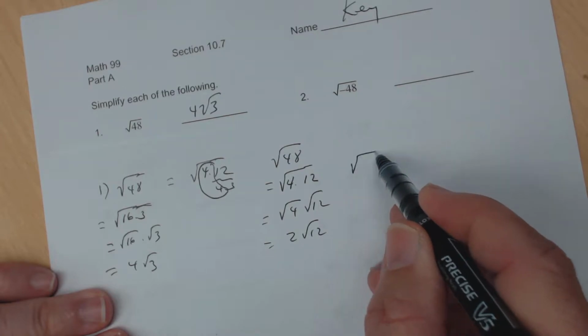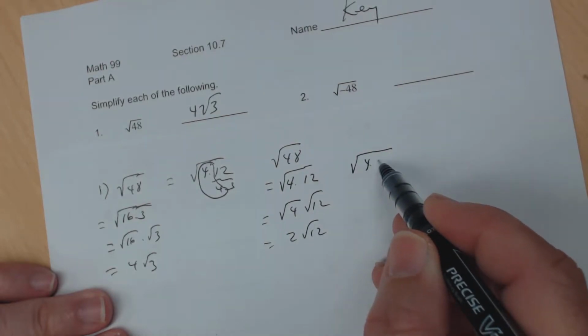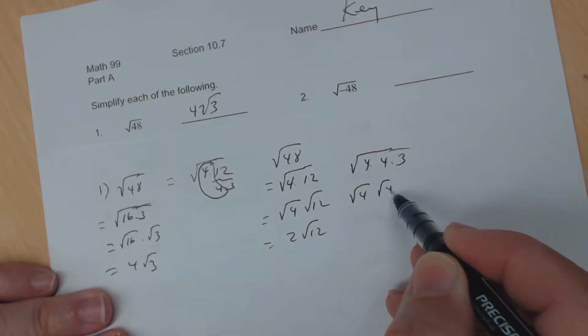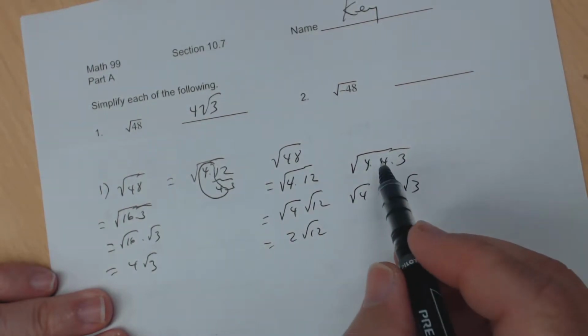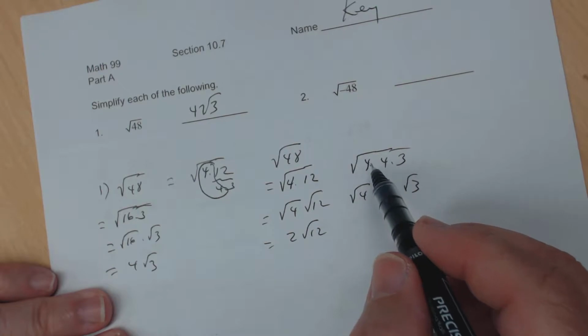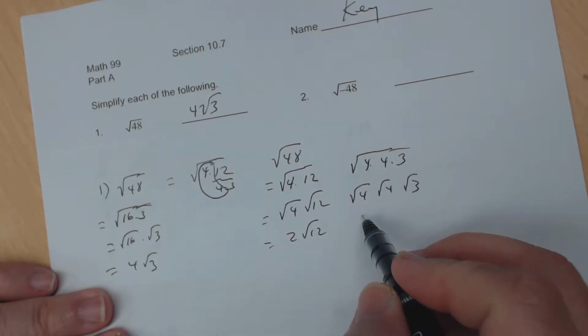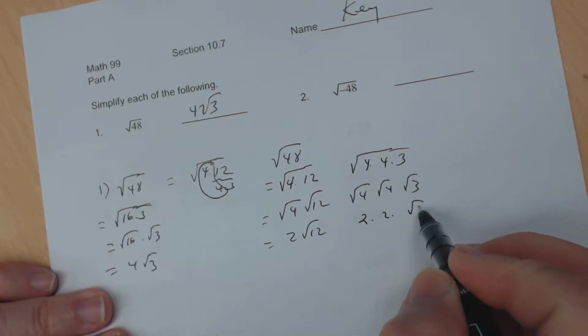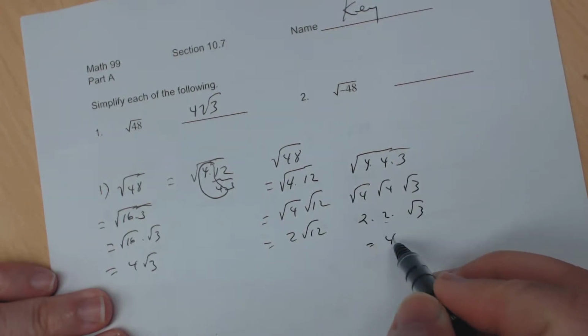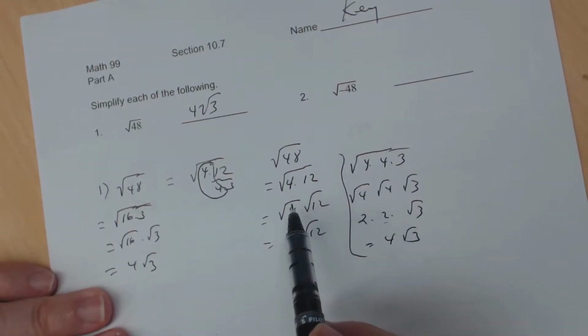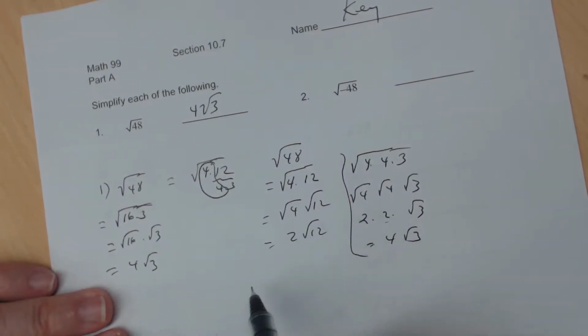In other words, you could have said the square root of 4 times, and the 12 is 4 times 3, and then said square root of 4, square root of 4, square root of 3, because the square root of a product is the product of those individual square roots. And so you get 2 times 2 times square root of 3, which is 4 square root of 3. See, that's another way. And then some people prefer to do it one step at a time.